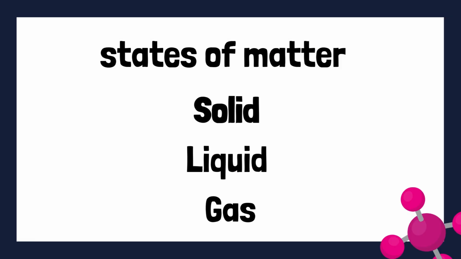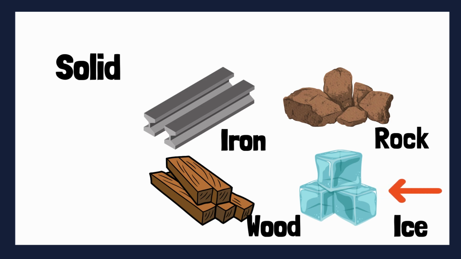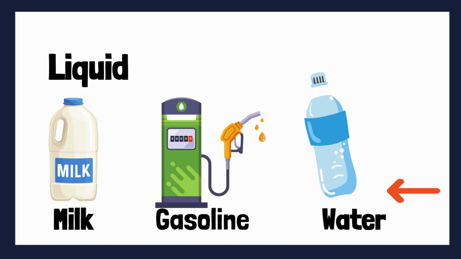Okay, we said that matter is found in three states, which are solid, liquid, and gas. Now we will take some examples. Solid, like iron, wood, ice, rock, all of these are examples of the solid state. Liquid state, like milk, gasoline, water, oil, all of these are liquid.